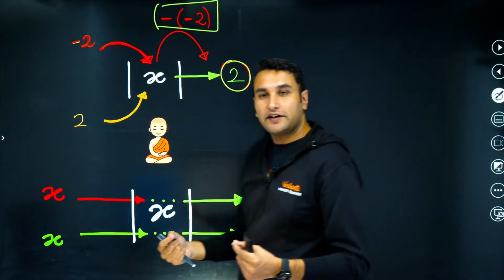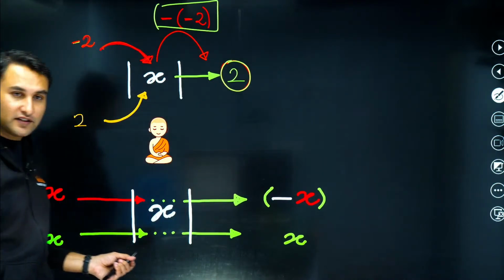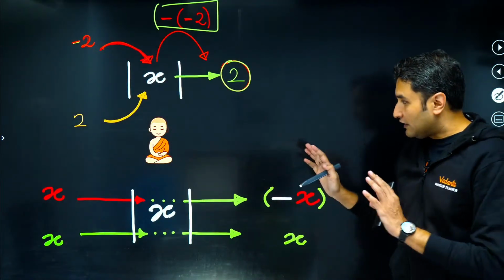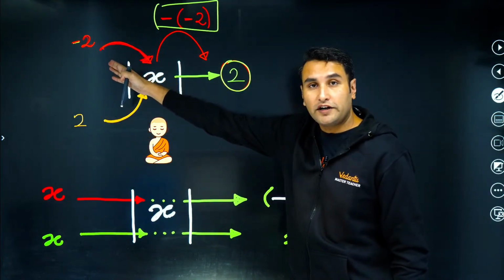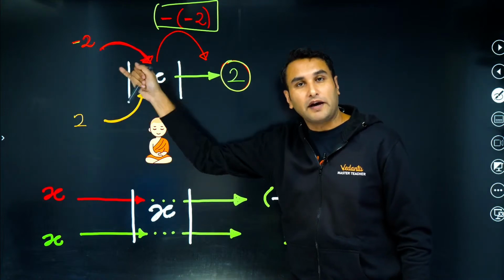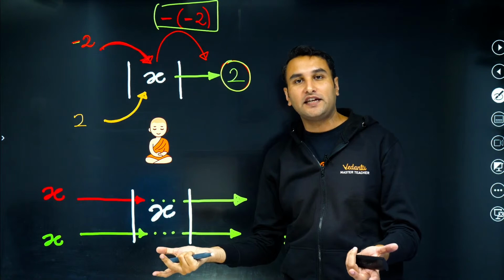Now can we understand it in terms of x? Let's try to do that. So imagine a negative number x. So till here, what did we do? We used the numerical numbers -2, -3, 2, 5. Now let's generalize it for any input x.